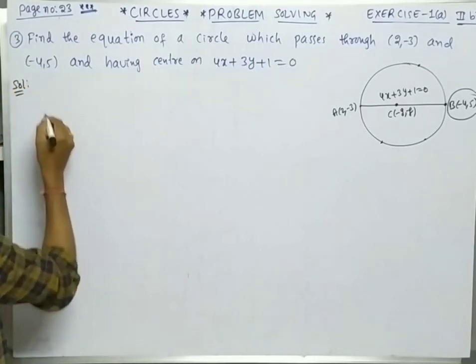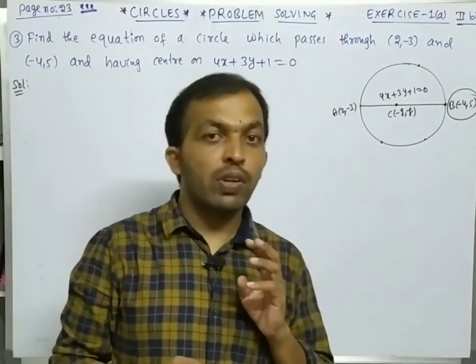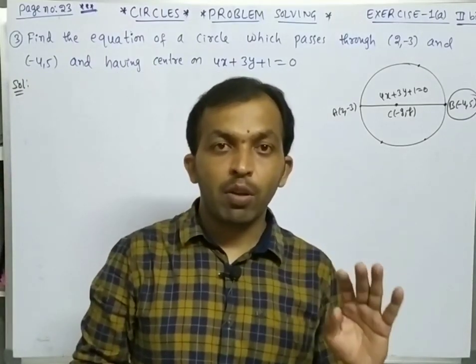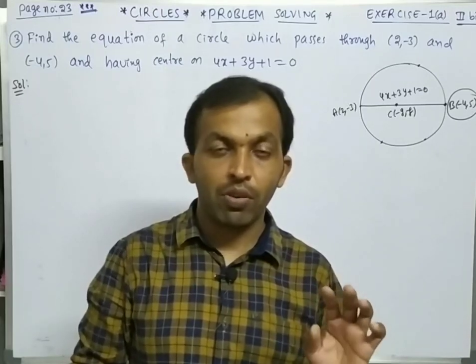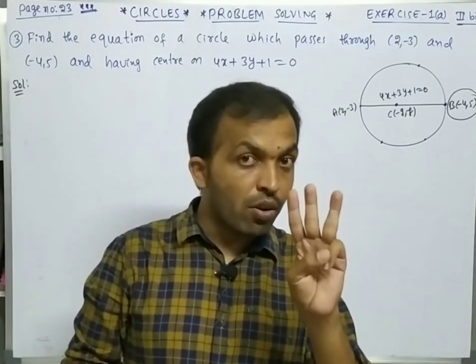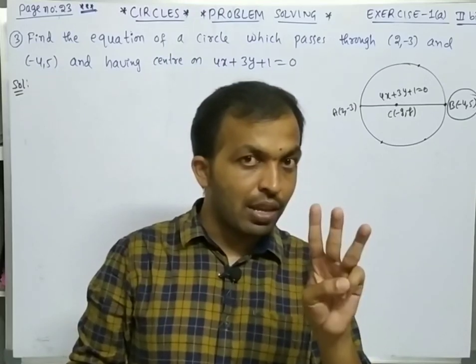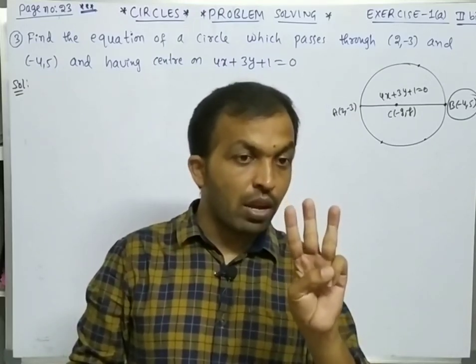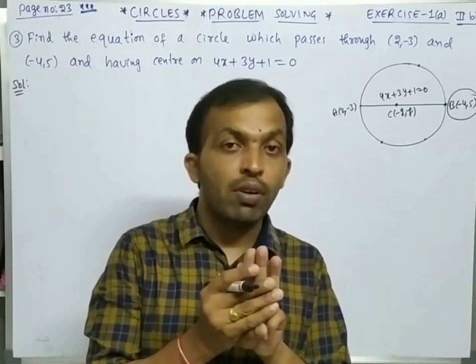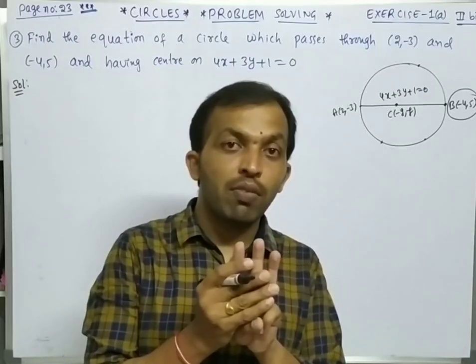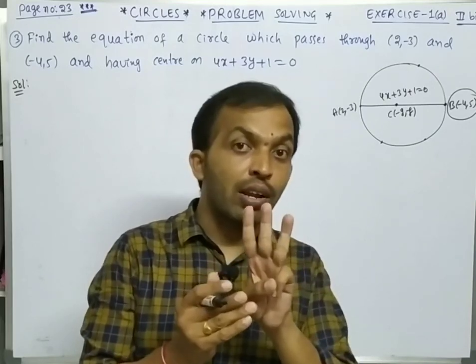First, what is the general equation of the circle? x squared + y squared + 2gx + 2fy + c = 0. In that there are three constants g, f, c. Three constants means to find the g, f, c values, we should have three conditions.